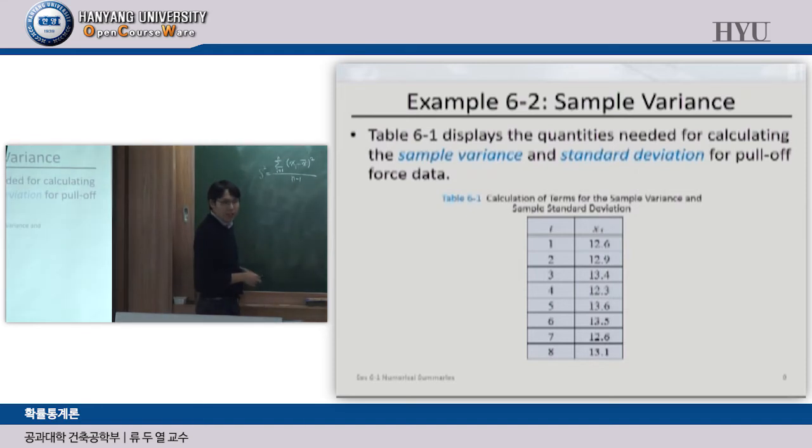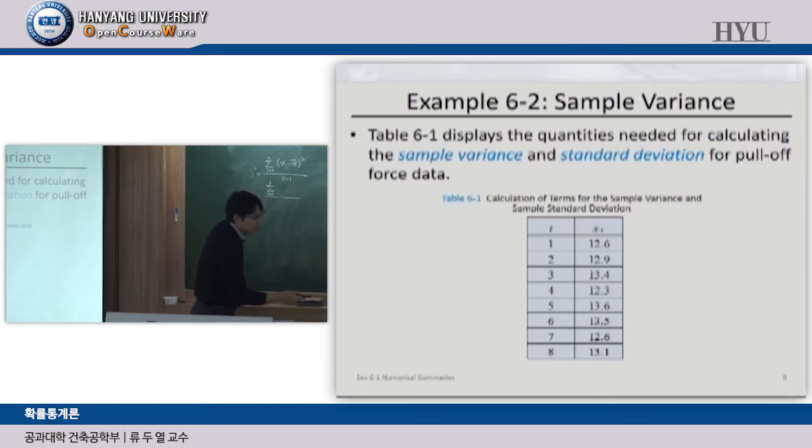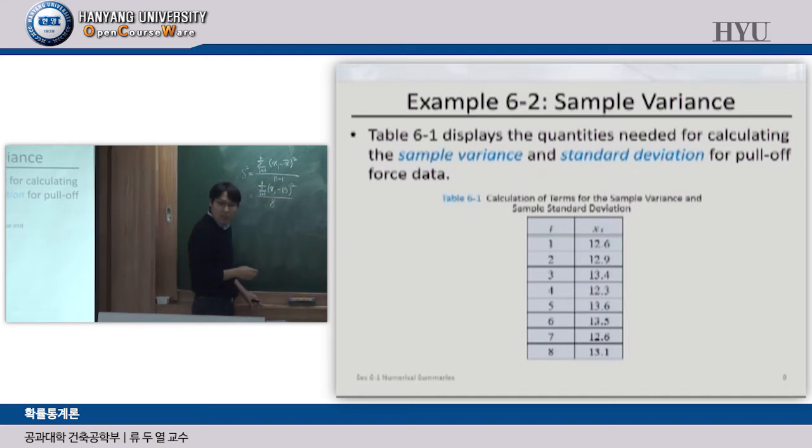This is the equation. And given that the summation of i is from 1 to 8, because we have 8 samples here, xi minus, what is the sample mean for this case? We have already calculated, that is 13 pounds, squared, over 8.